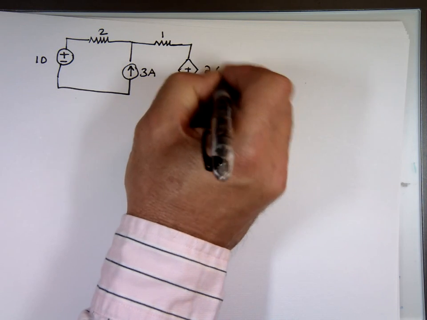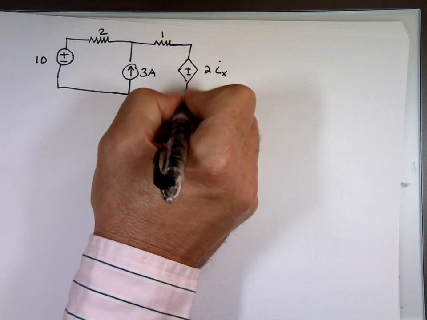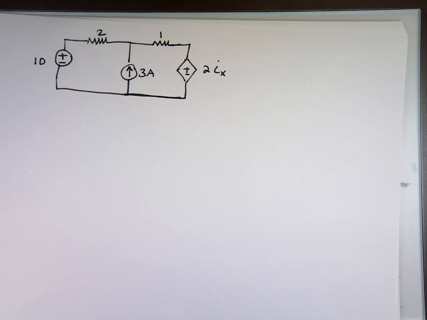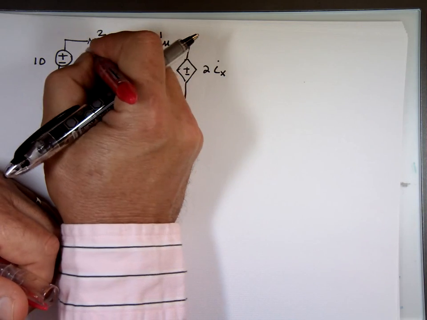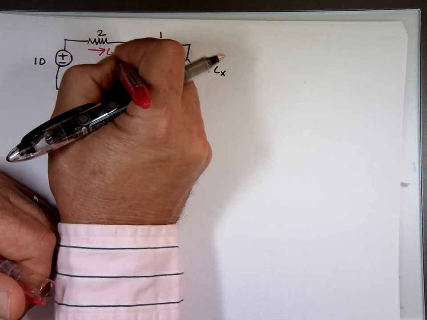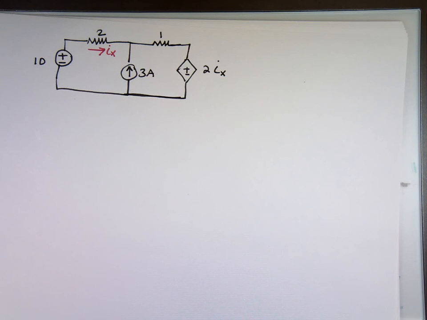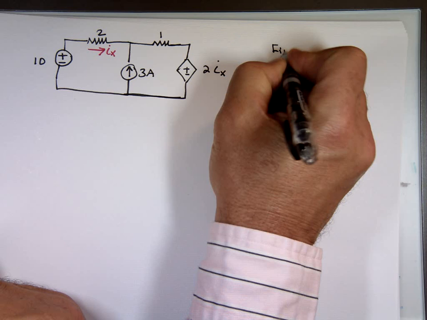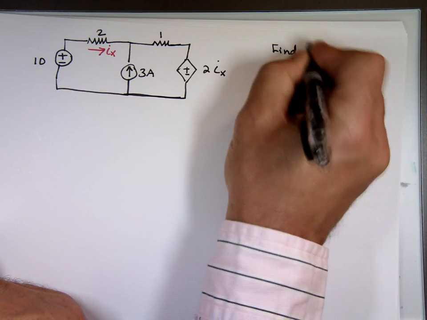Two I sub x. And the question is, determine the current I sub x. Find I sub x. We're going to use superposition.